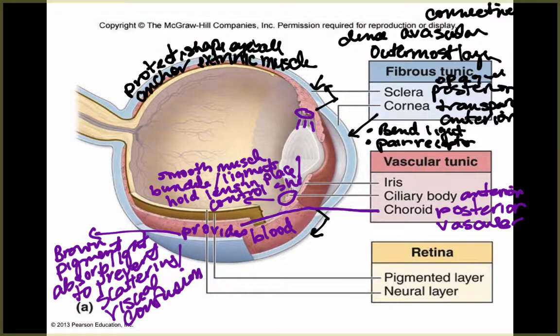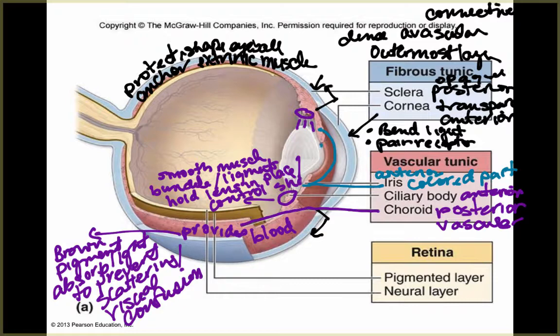And then the last part of this is the iris. And so this again is in the anterior, right? And we know it as the colored part of the eye. Right? So it's normally around here.